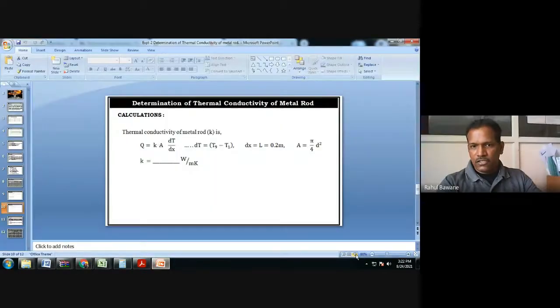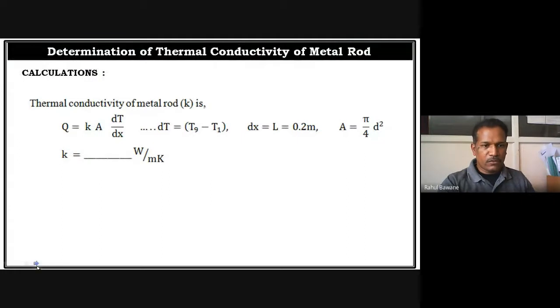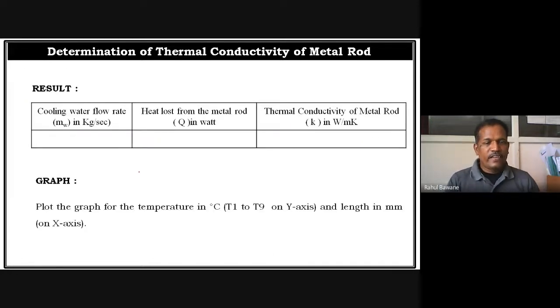So we reach this point where we are able to calculate the thermal conductivity. Now the next point is finding the result. So what is the result? In the result we have to note down the cooling water flow rate. As the cooling water flow rate changes, all your values change. So what is the cooling rate we maintain?